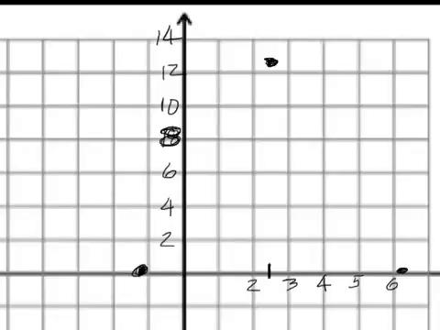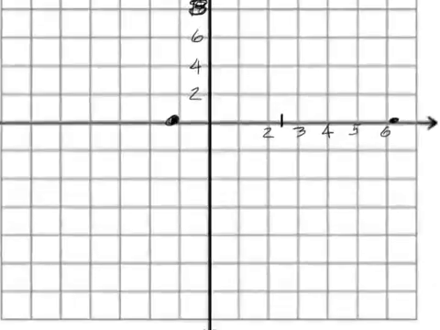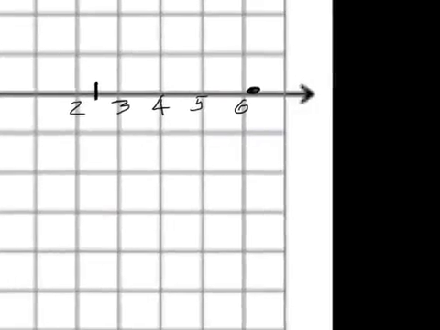Now we have to find some other points. What points can I use to find 2 more points? Yeah, negative 2 and 7, and that's going to come from right here. If we go 1 to the left, there's negative 2, and we go 1 to the right, there's positive 7.